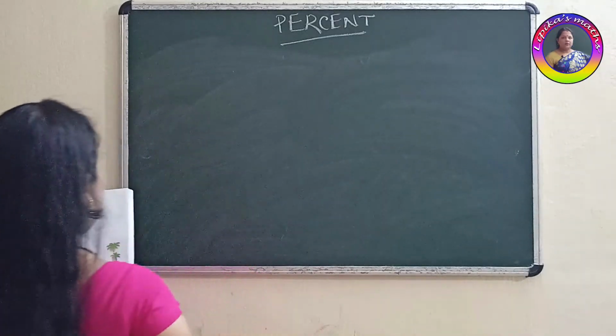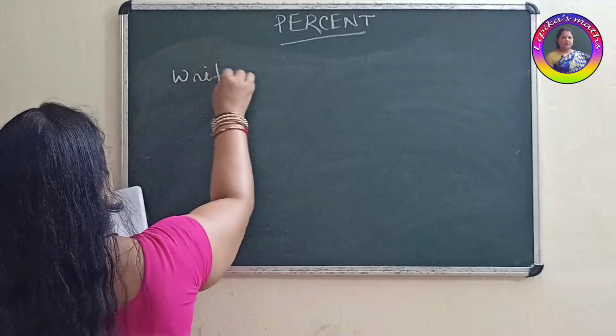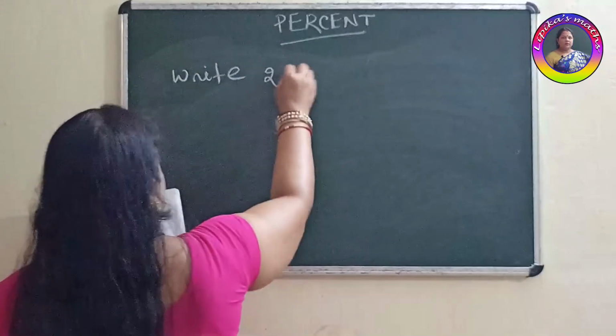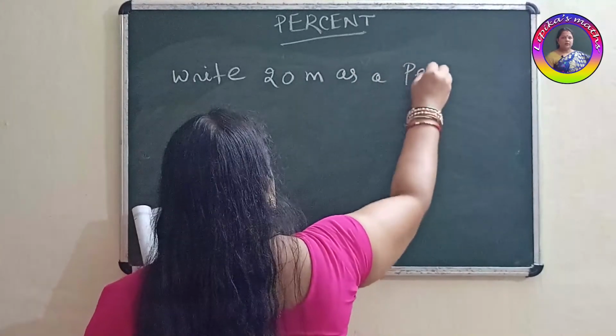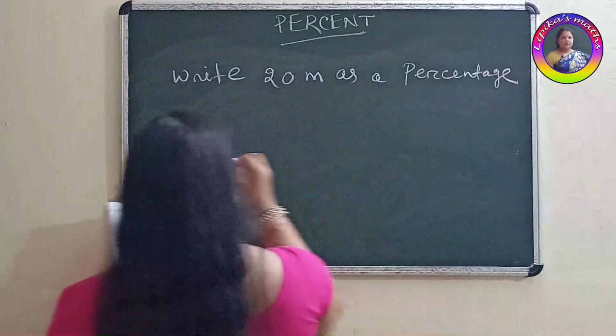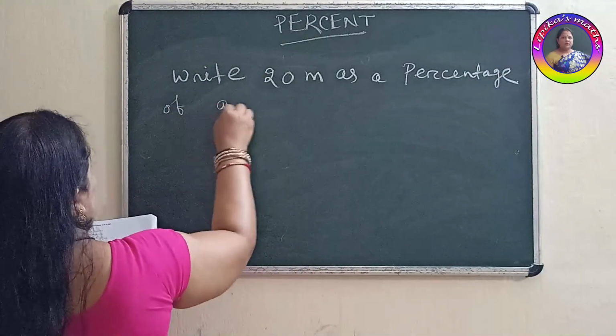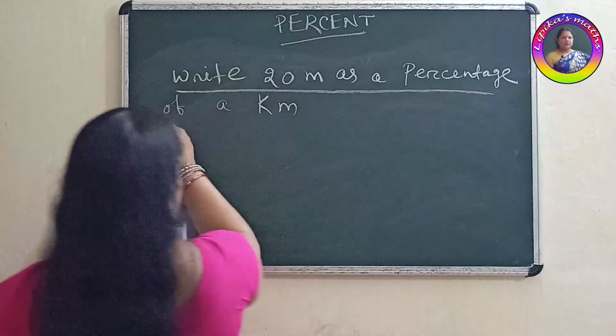One more question let me explain, children. That is: write 20 meter as a percentage of a kilometer. This is one question, children.